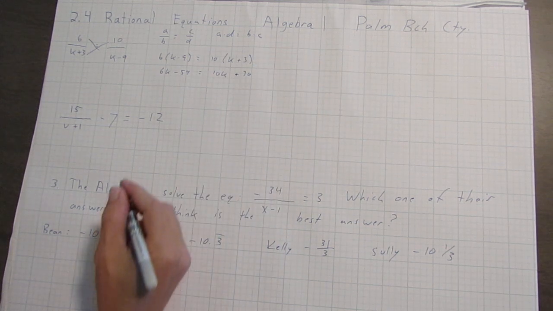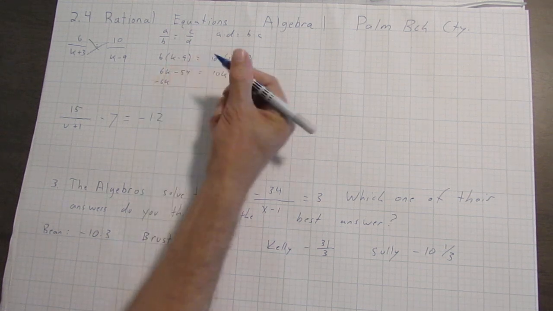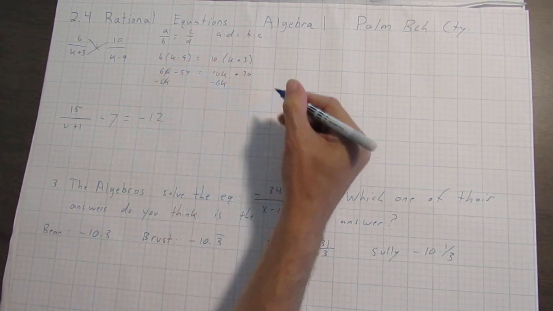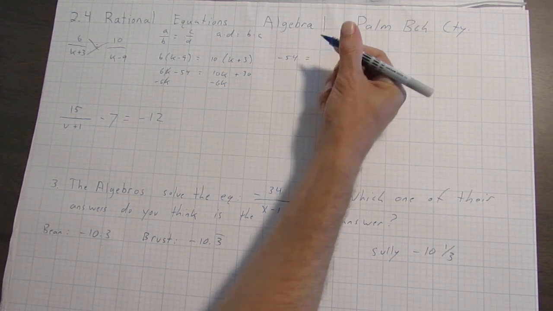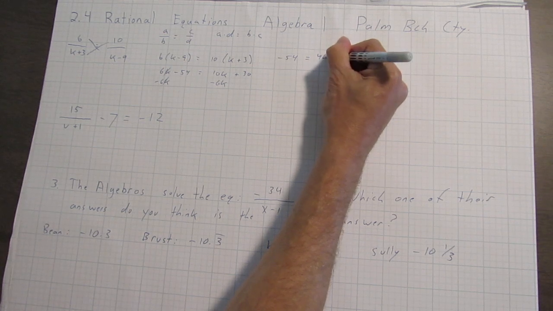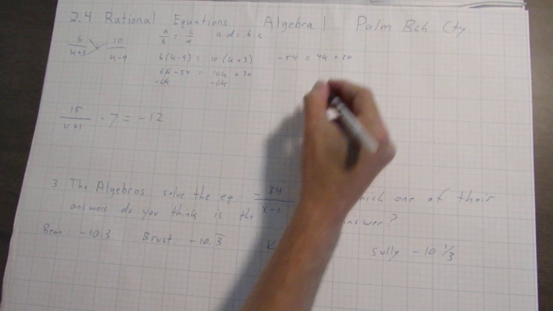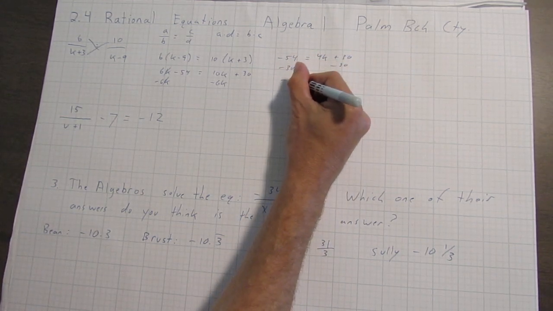Now we're going to collect like terms, or actually we're going to subtract 6k from both sides. These will cancel here, and we will get negative 54 is equal to 4k plus 30. Subtract our 30, subtract our 30.